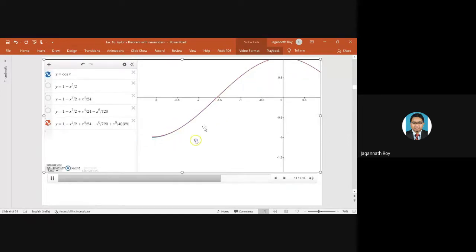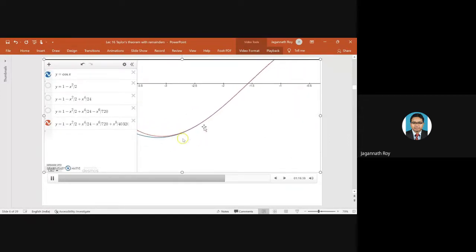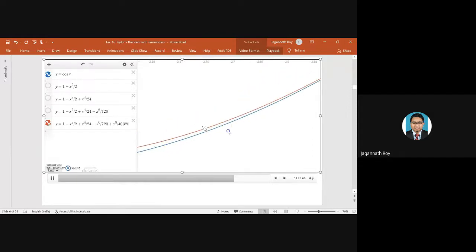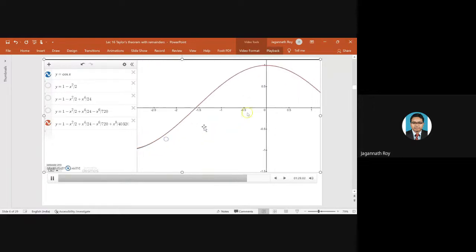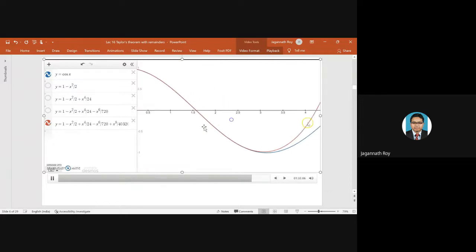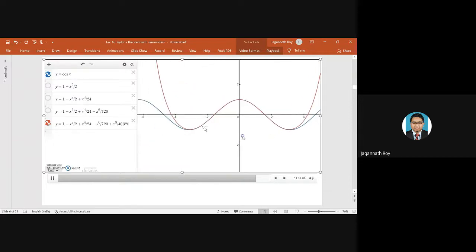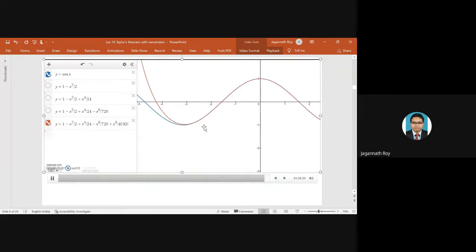But if you zoom in, you will see that the difference between these two curves is tending to 0. So this is what we call approximation. Given a function, we are trying to approximate it by some known polynomials.